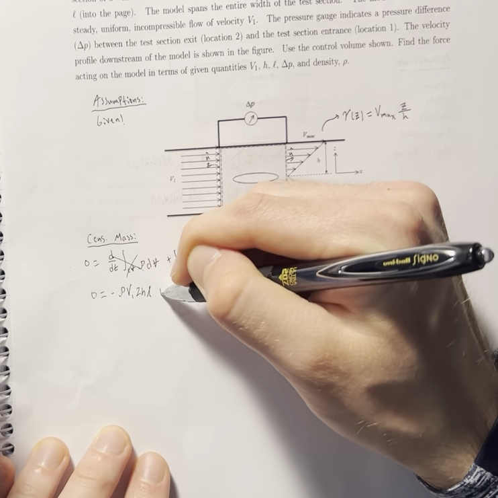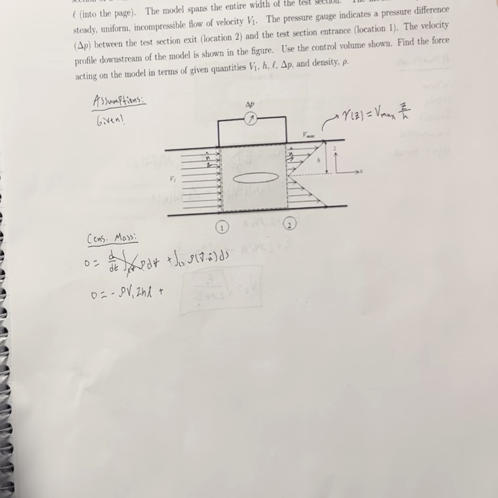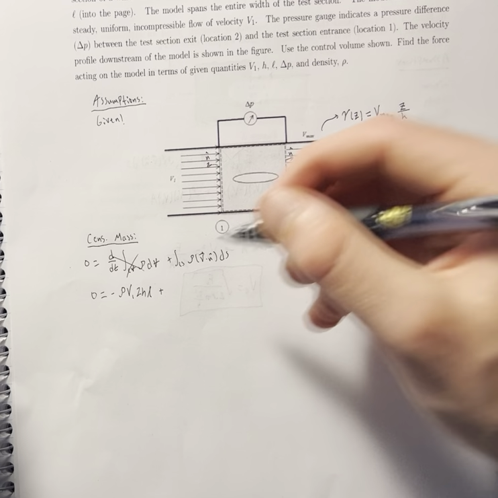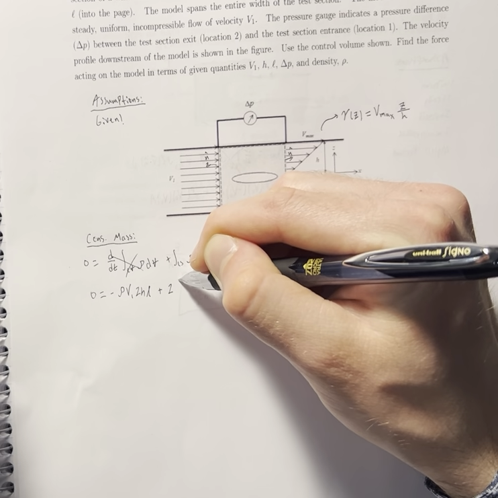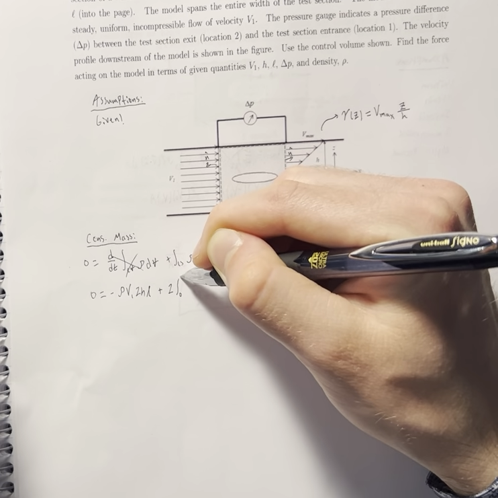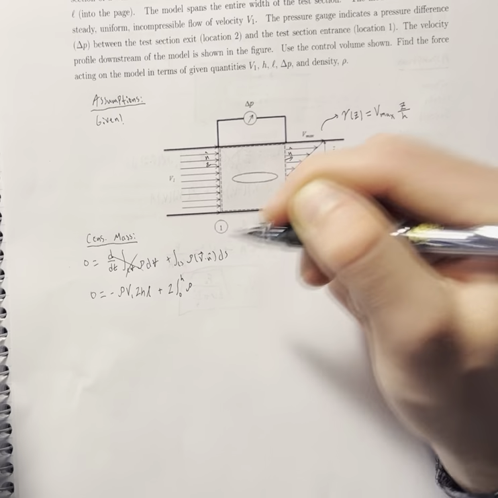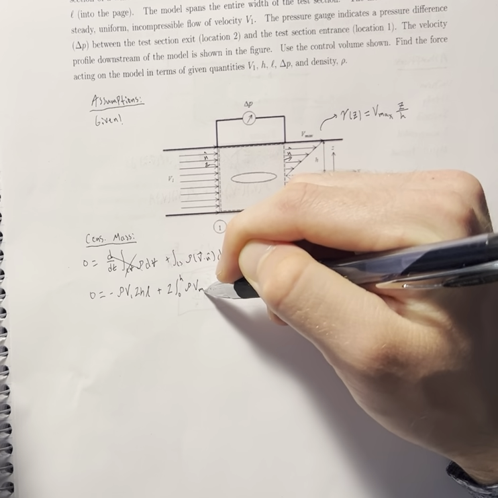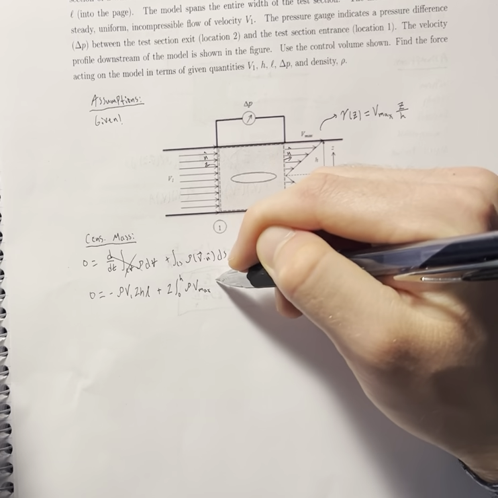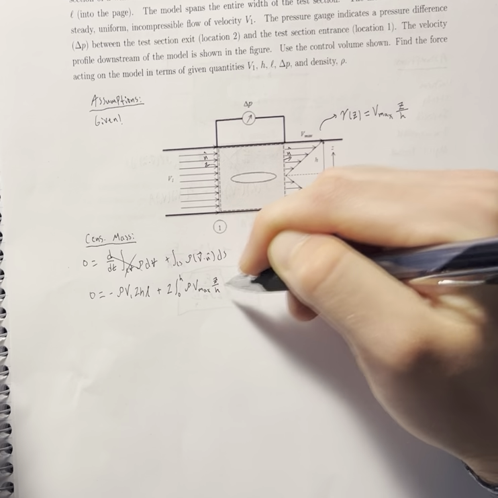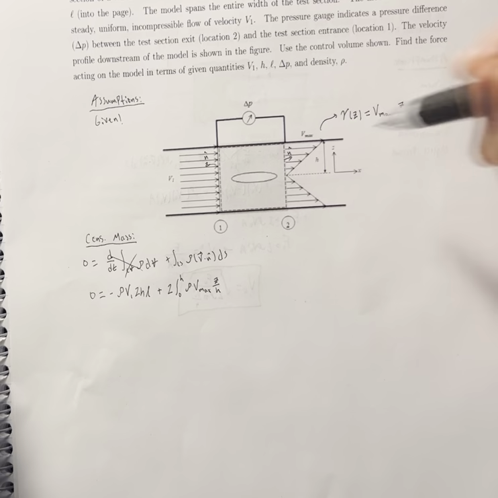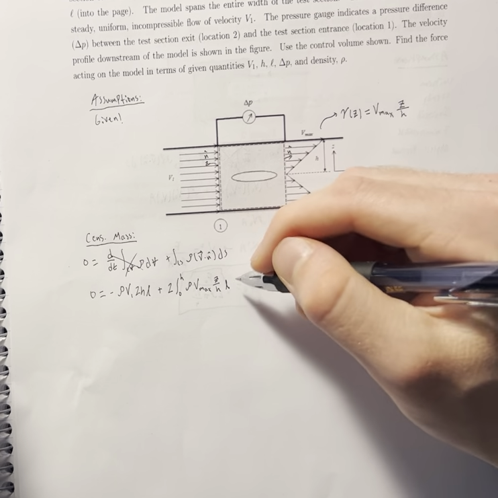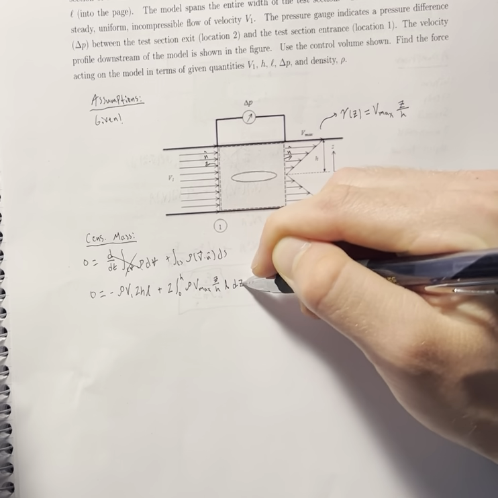Cool. Now for the outlet, we're going to make a little shortcut so we don't have to go from negative h to h. We're just going to break this thing in half and go 2 times the integral from 0 to h of rho times our Vmax z over h, and the velocity is constant into the page, so that L is going to be a constant, and then we're stepping with dz, right?